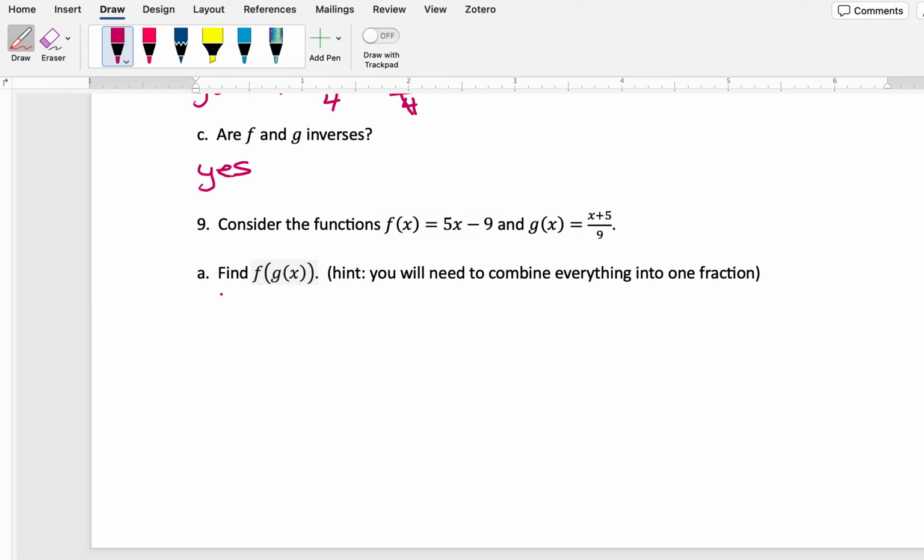So we're going to have 5 times, and then replace this x with x plus 5 over 9. So this is being plugged in here. And then we have a minus 9.